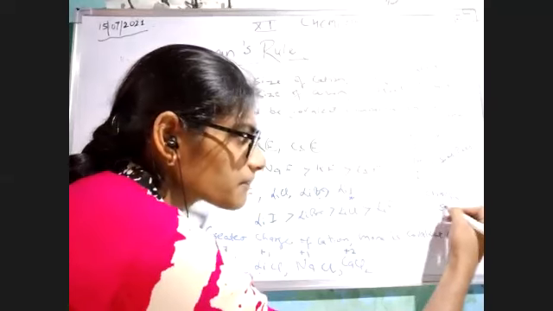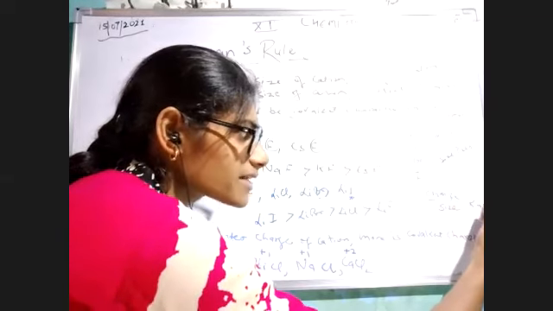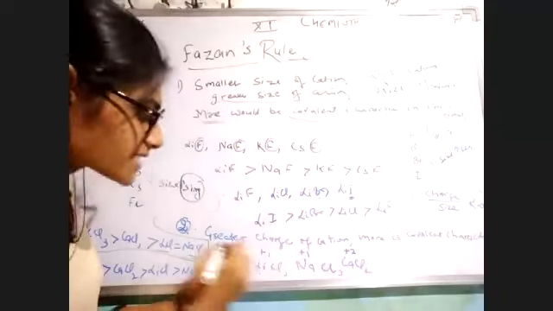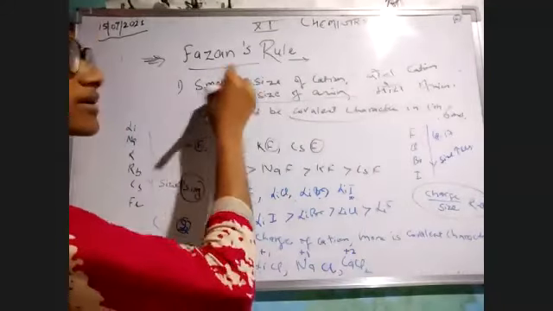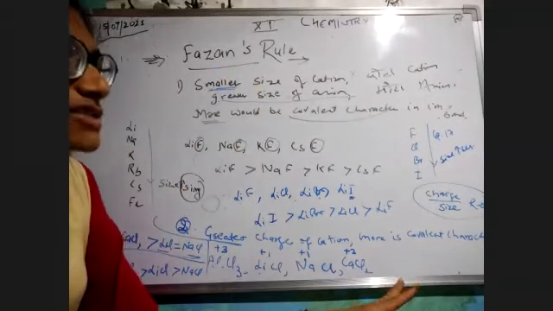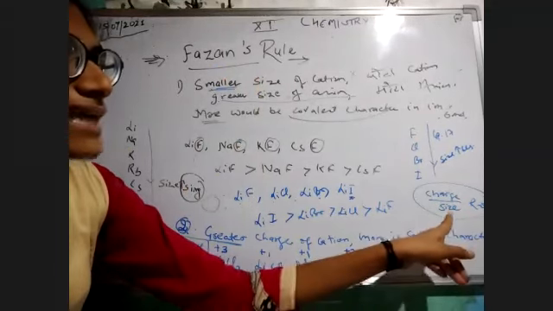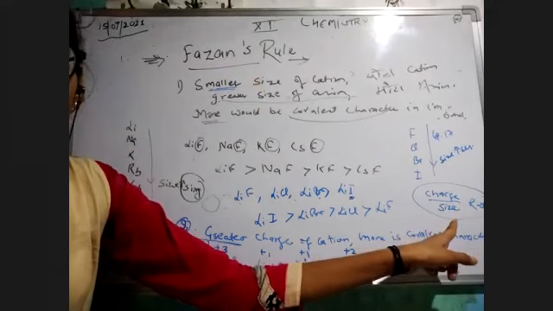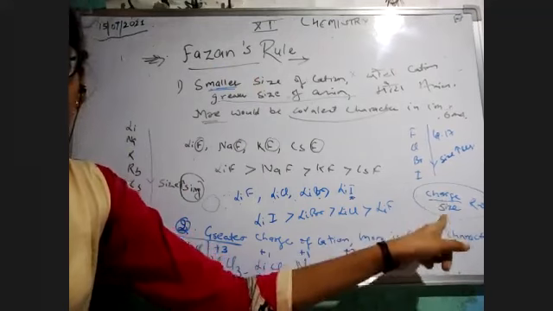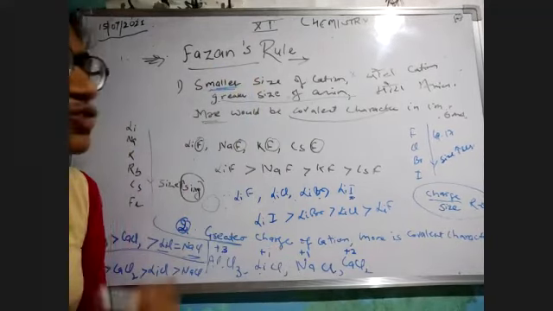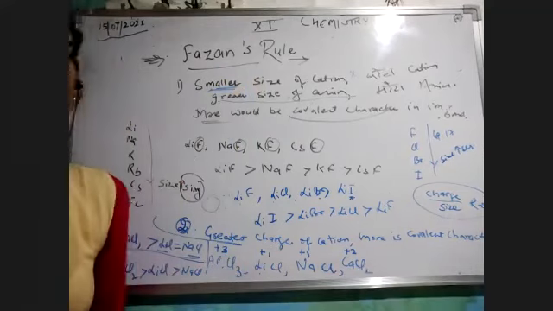Remember? In chapter number 3 we studied charge by size ratio. It is the same: the charge is greater and the size is smaller. I'm telling you this just for you to remember. You have already studied that charge is greater but size is small, that is, I am putting it as a ratio, charge by size ratio. Charge is higher but the size is small. We have already studied this in chapter number 3.